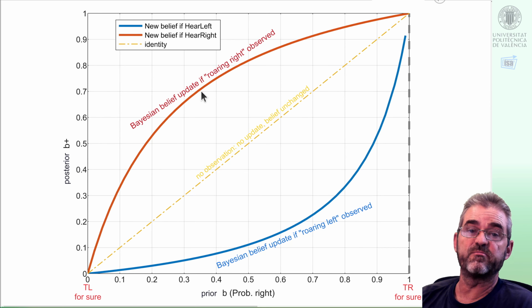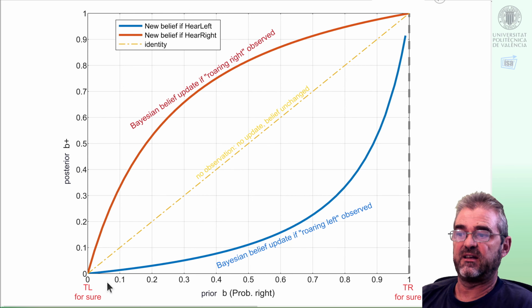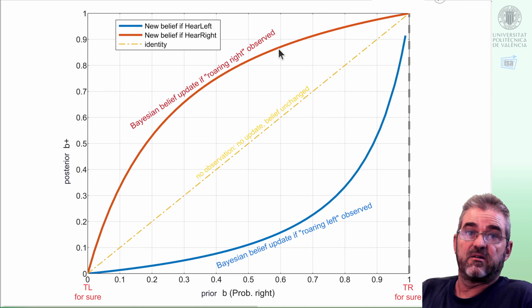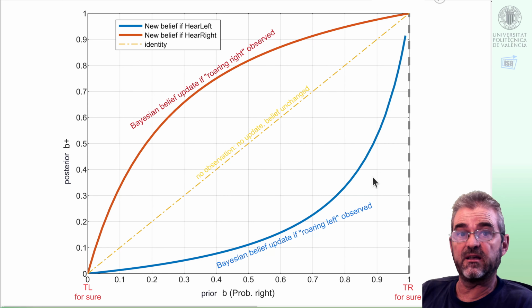The posterior probability of being at the right cage increases. The 45-degree line would mean posterior probability equal to prior probability, but that only happens at the certainly sure 0 or 1 points. So the red line increases my estimation of it being at the right-hand side cage when I hear right, and the blue line indicates that my belief of the tiger being at the left cage is increased, and belief at the right is decreased, if I listen to roarings at the left door.